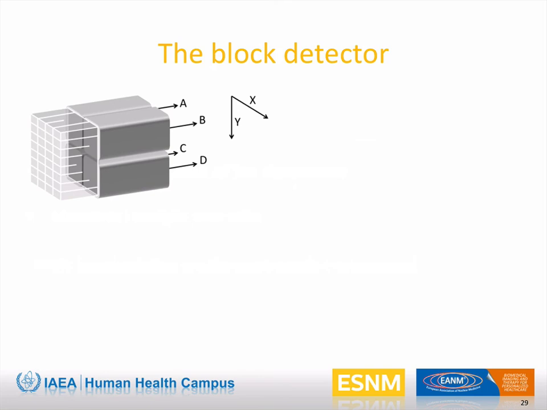The figure shows a scheme of the typical block detector. A scintillator block of about 40 mm side, 20 mm thick, originally made by BGO, is sawed up to a certain depth into smaller elements, usually and improperly called pixels.